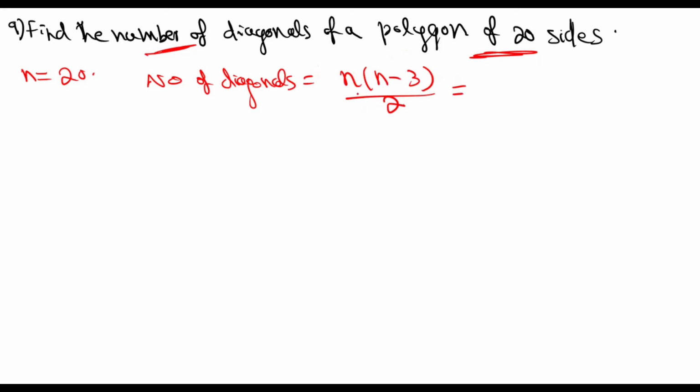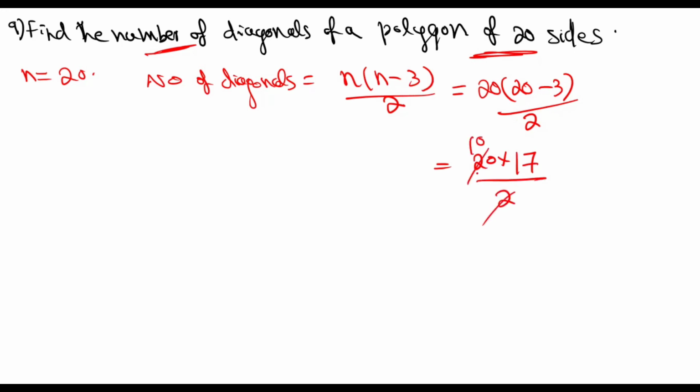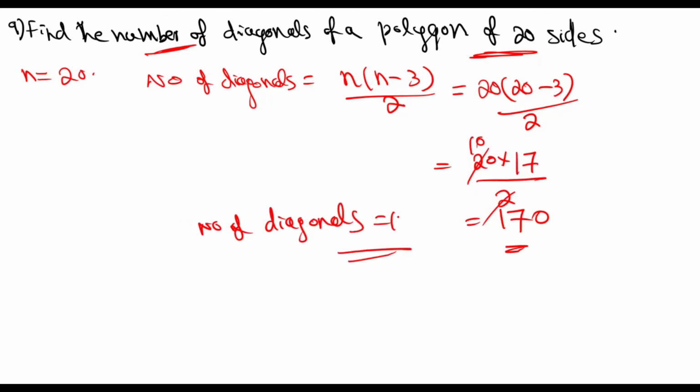It's equal to 20 into 20 minus 3 by 2. It's equal to 20 into 17 divided by 2. 2 ones are 2, 2 tens are 20, so 17 into 10, it's equal to 170. So number of diagonals is equal to 170.